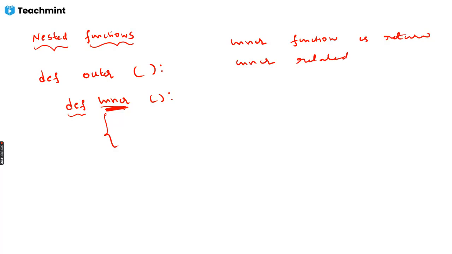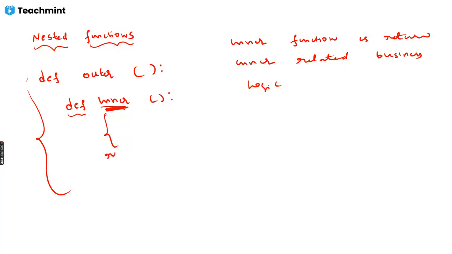Try to understand, inner related business logic. So if you are considering that there should definitely be return statements, whenever there is a condition that there should be return statements, then these two functions should return two values. One is the inner return.